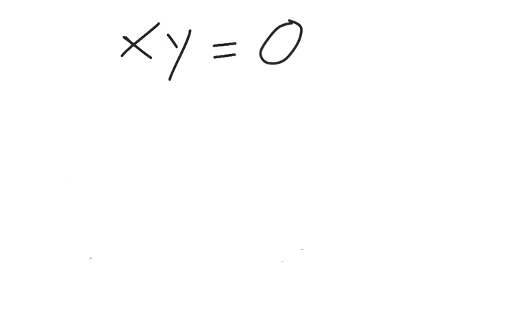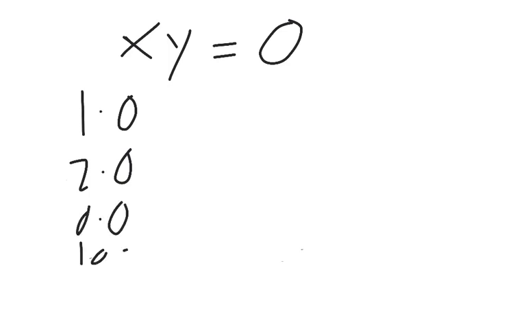Do you know what I multiplied together to be 0? 1 times 0. 2 times 0. 1,000 times 0. 0 times 0. Any integer times 0. Like every single number. So do you know what one of these numbers has to be? 0. At least one of the numbers has to be 0. If I'm going to multiply a bunch of things together and get an answer of 0, at least one number in there has to be 0.